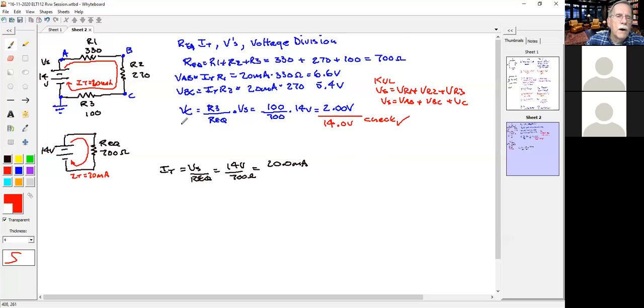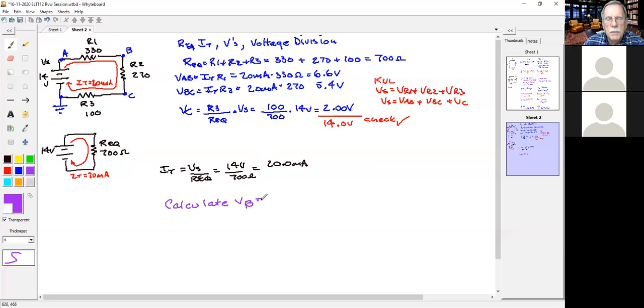I could also find, in a series circuit, I could do something like calculate VB. Well, VB, since there's no second subscript, is to ground. So VB would be VR2 plus VR3.